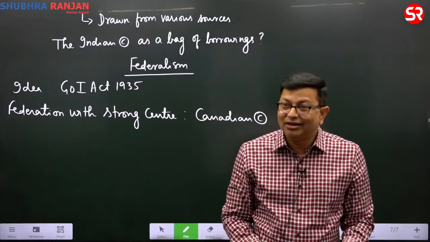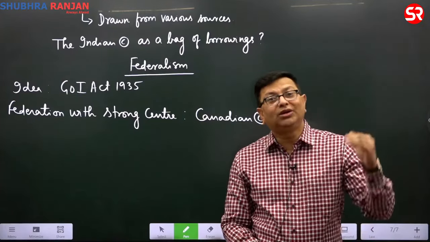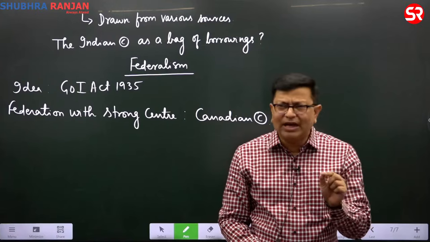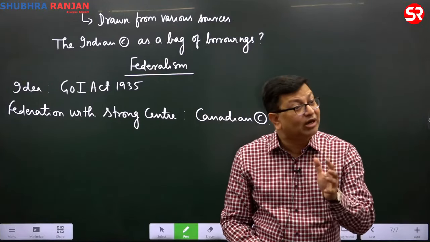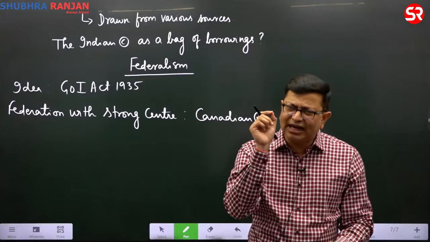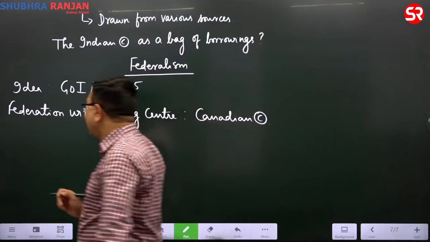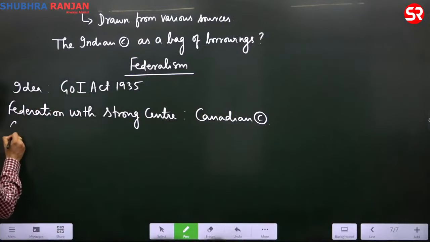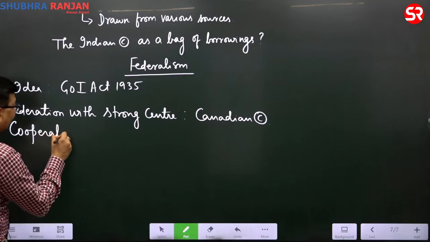But in an amicable way, without going to the court, if the problem can be solved. They started searching for a model, if any country had such a model, and they came across the Australian Constitution, which provides for the concept of cooperative federalism.